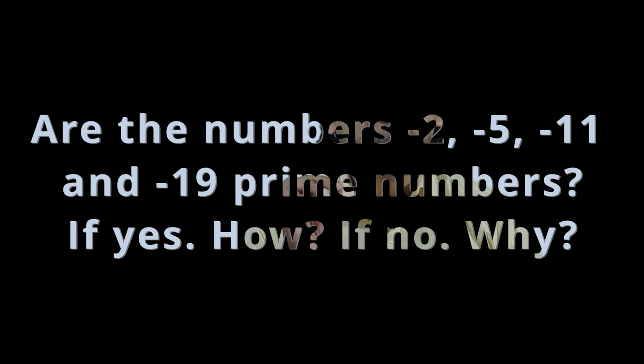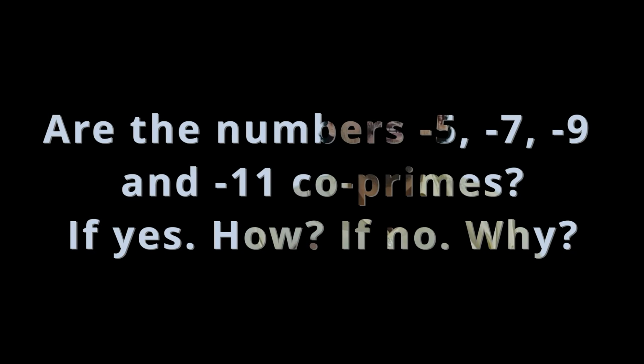If yes, then why? If no, then why? You have to prove it. Second question, the set of four numbers, let us say -5, -7, -9 and -11, are they co-primes to each other? If yes, how? If no, why?